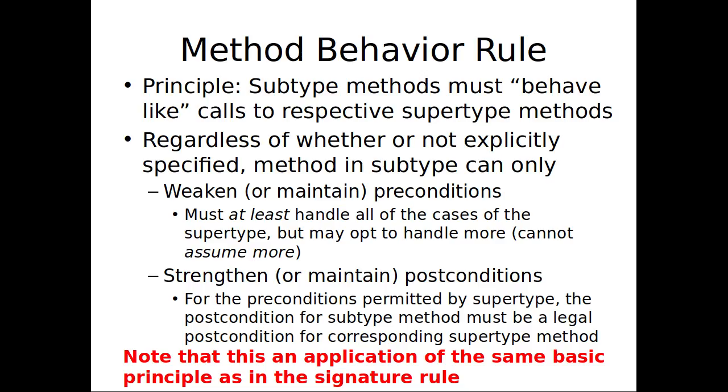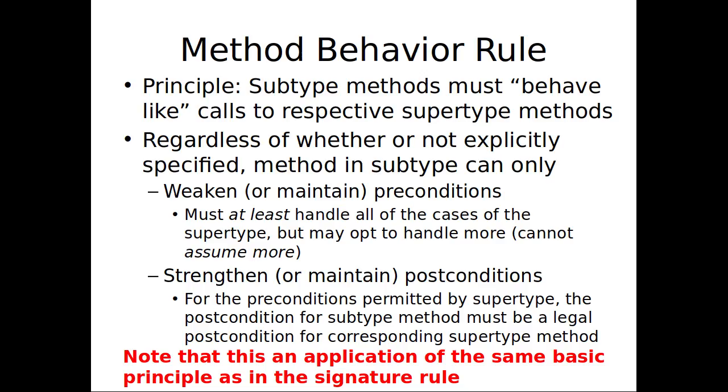Maybe in the supertype, all we guarantee is that it will operate correctly for perfect squares. There's no guarantees outside of that. If you pass it a perfect square, it guarantees it will return something within a certain tolerance level. And A perhaps defines square roots for all positive numbers. Or maybe in the supertype, it says the precondition is that you have to handle a number that's greater than or equal to 0. That's a precondition.